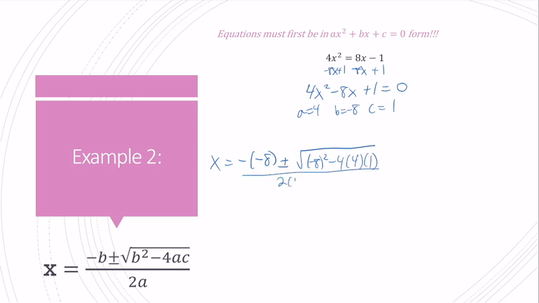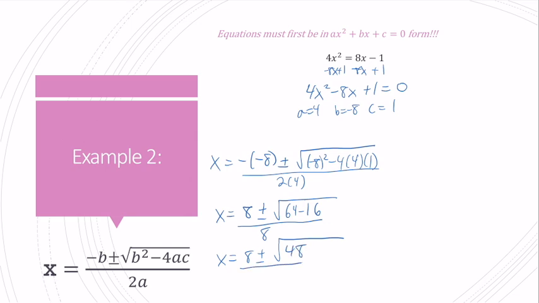So x becomes positive 8, because 2 negatives make a positive. Plus or minus the square root of 64 minus 16 all over 8. So x equals 8 plus or minus the square root of 48 over 8.